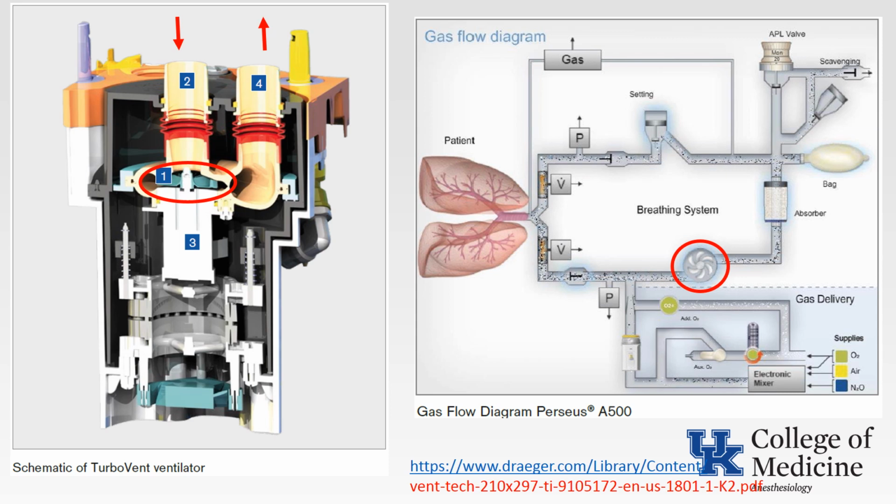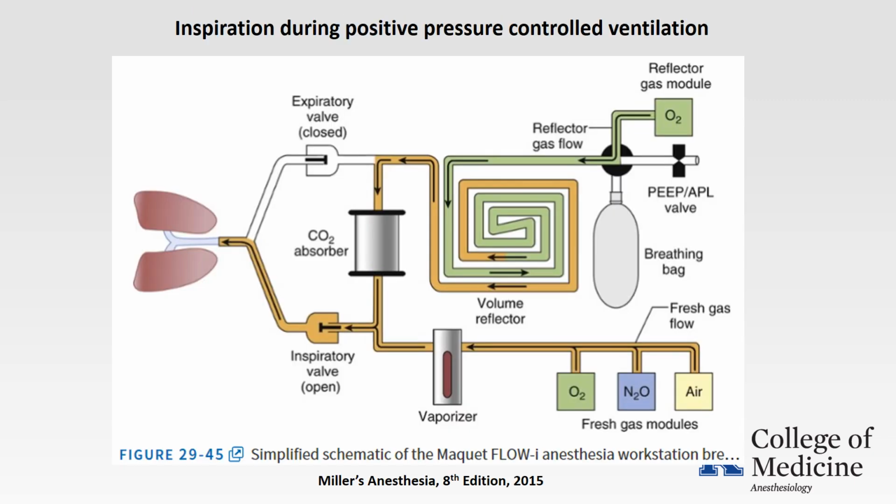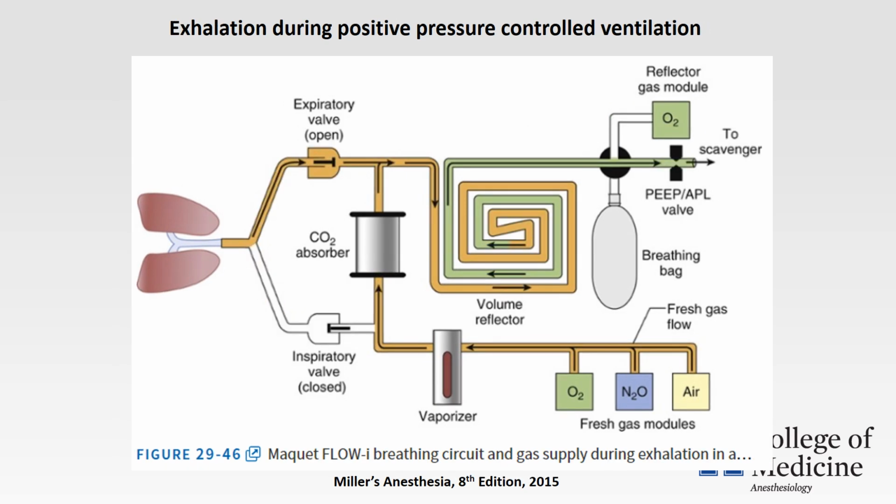This electronic control controls how fast it turns, the pattern at which it turns, when it starts, and when it ends. A third type, which we don't use, is the volume reflector ventilator, which is described in these next two slides, but is not relevant.